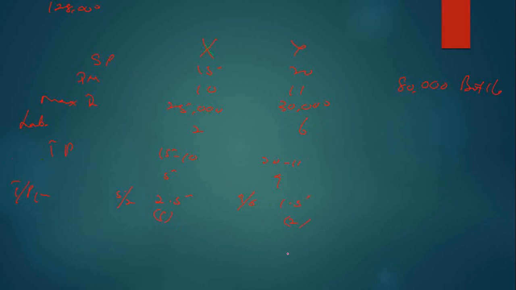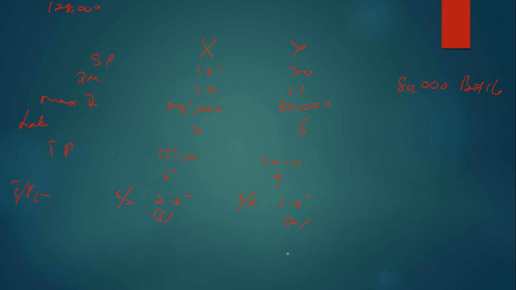We rank the products based on throughput per labor hour, 2.5 per unit and 1.5 per unit. Remember the throughput is 2 per unit, 5 per unit and 9 per unit. If there were no constraint, you should be producing Y. But because labor is a constraint, you must produce for the best utilization of labor. When you produce 1 unit of X, it gives you 2.5, and Y, it gives you 1.5.